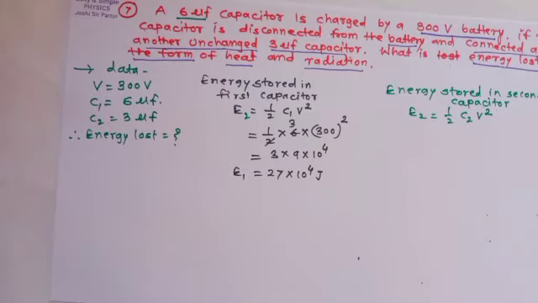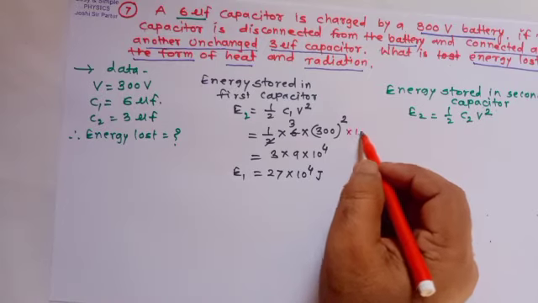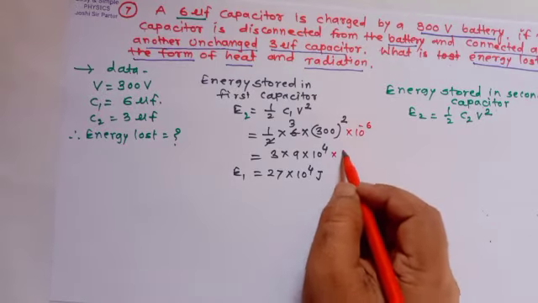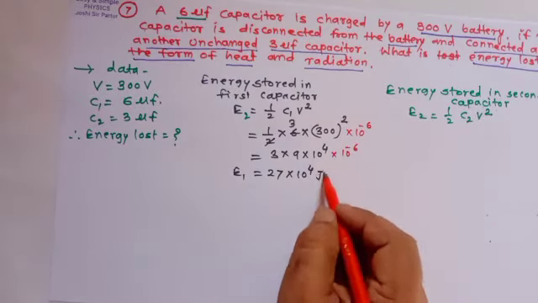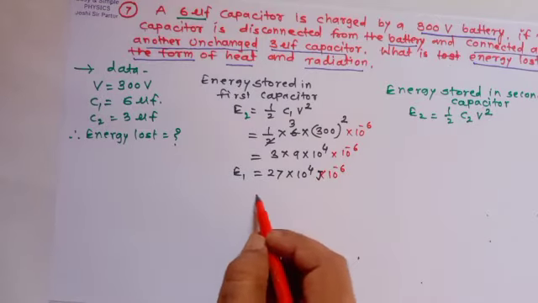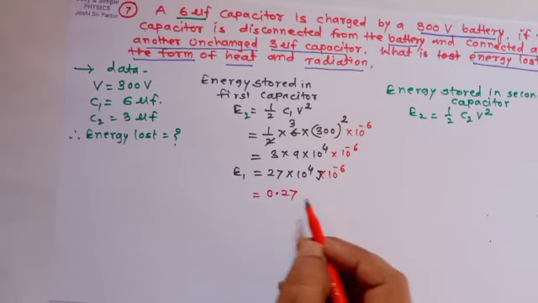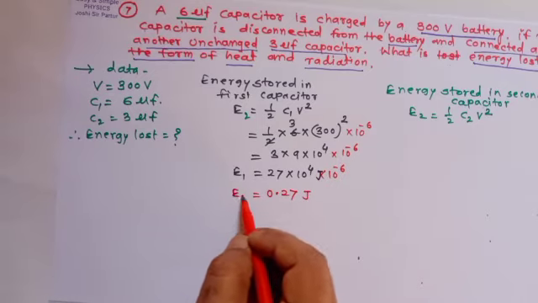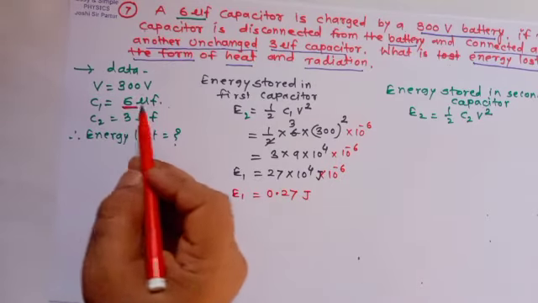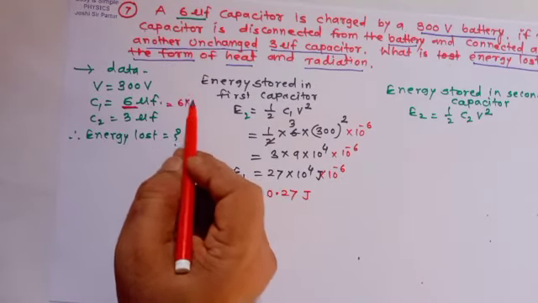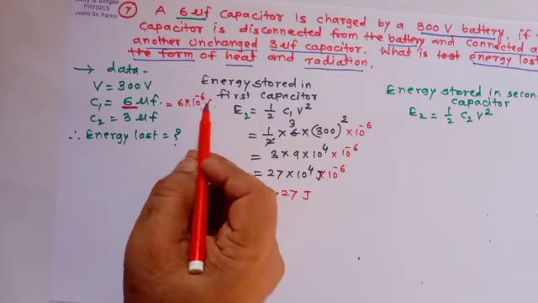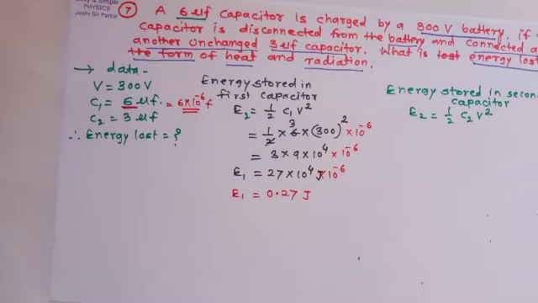So in this example, with 10 raised to minus 6, it is 0.27 joule, because capacitor C1 will be 6 into 10 raised to minus 6 farad. Here we can use only 6 micro.